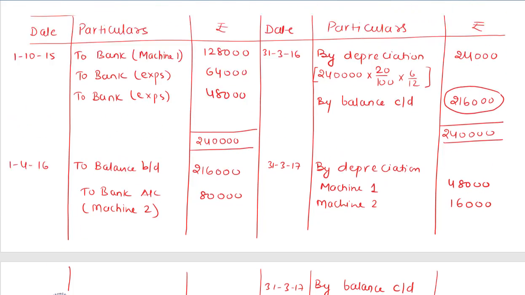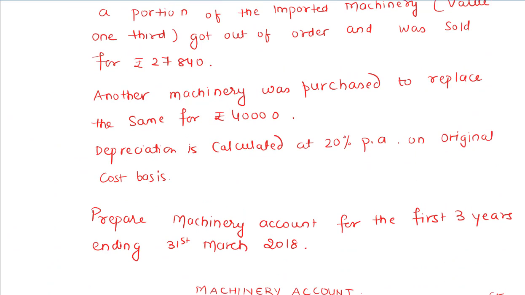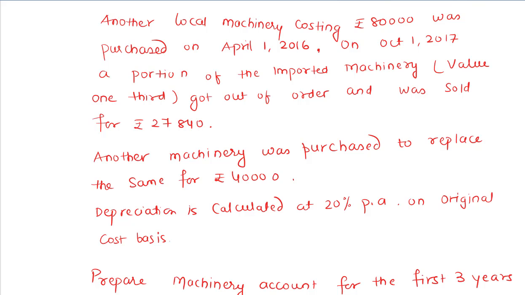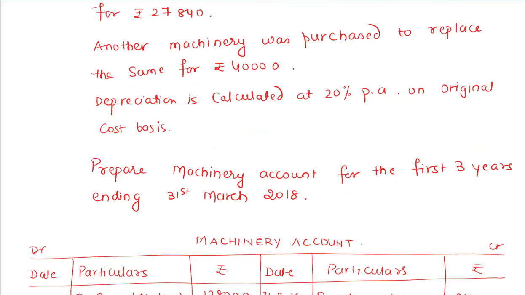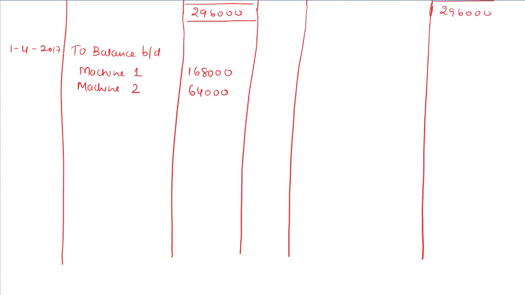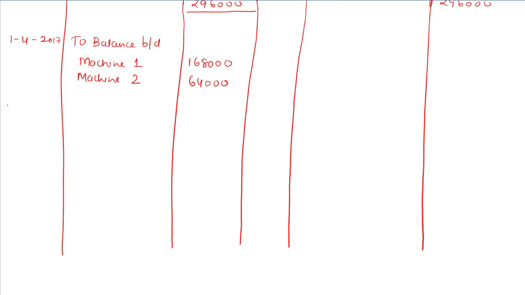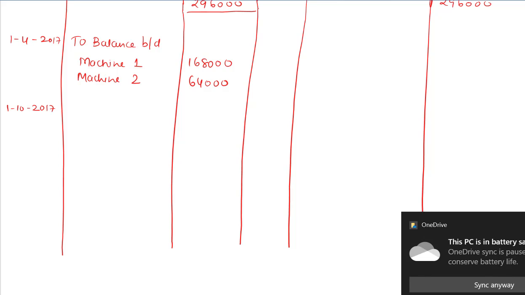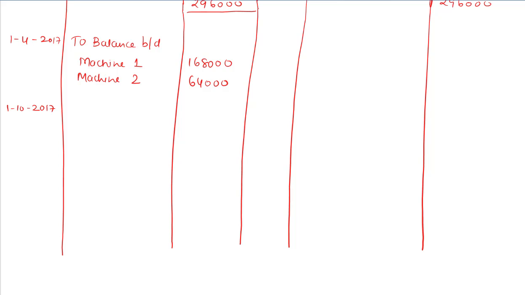We have also purchased a machine in this year. Another machine was purchased to replace the same for 40,000 and the date of purchase is 1st October 2017. So on 1st October 2017 we have purchased a third machine.